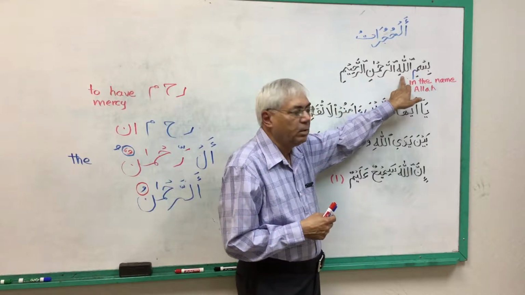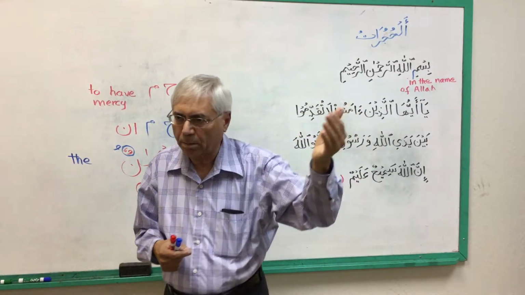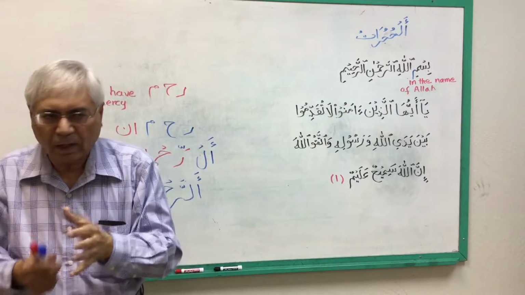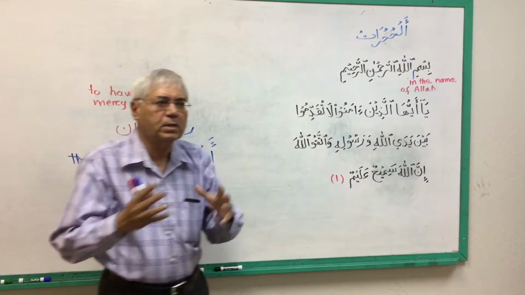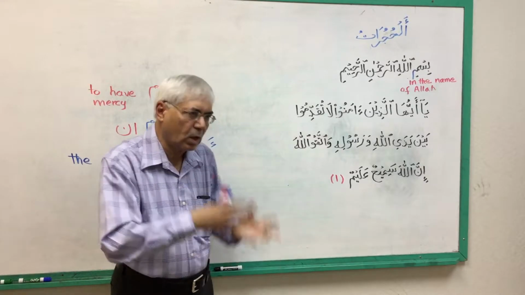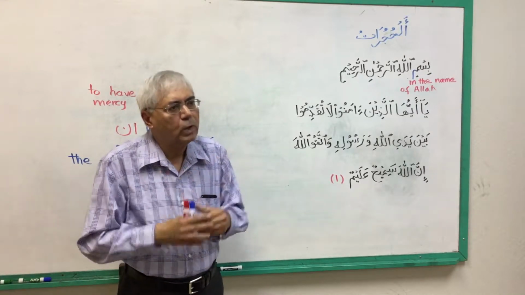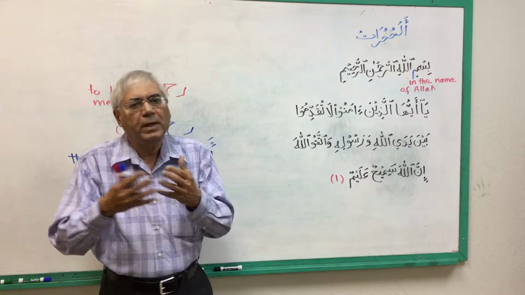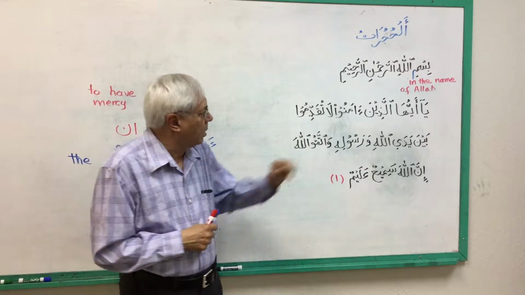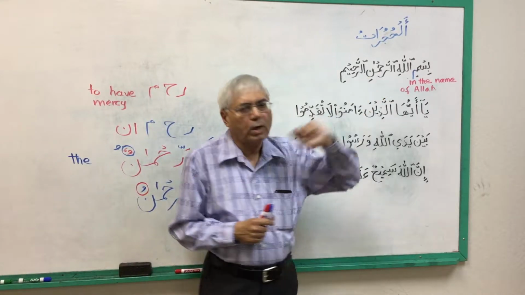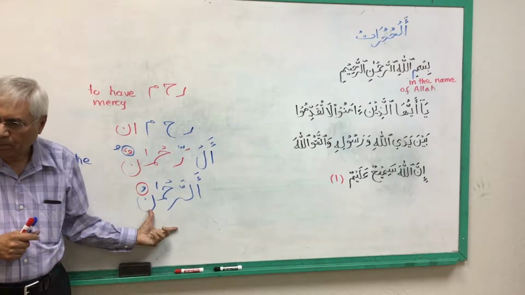So in this sentence, we defined Allah first, and we started with the word Bismillah, and we said, who is Allah? We understood that this is the one who created everything and he is God, and all those things that go with Allah. Now we are bringing another name here in the sentence, which is Ar-Rahmanu.